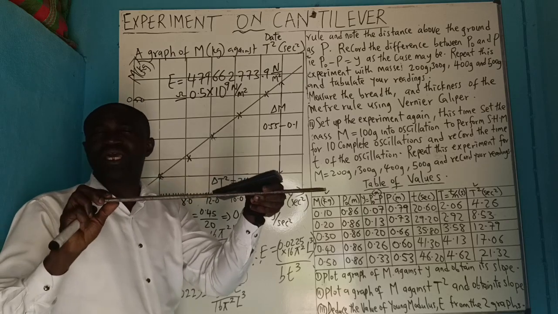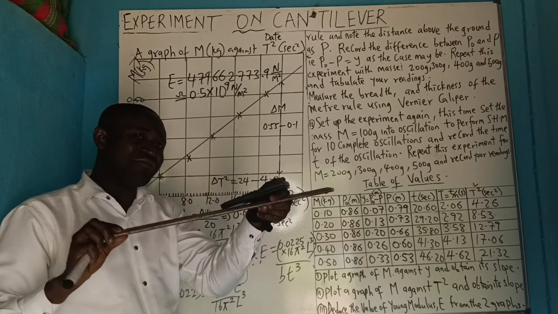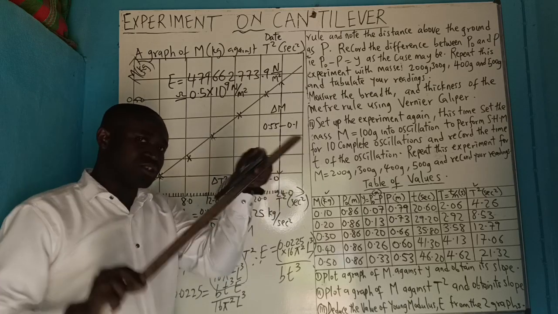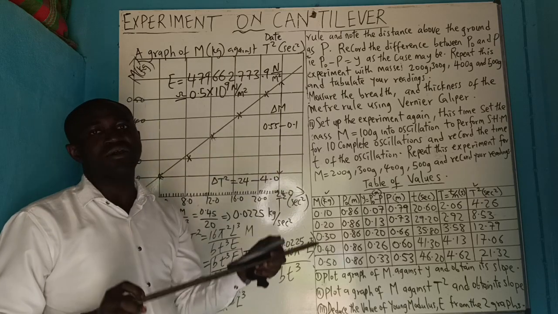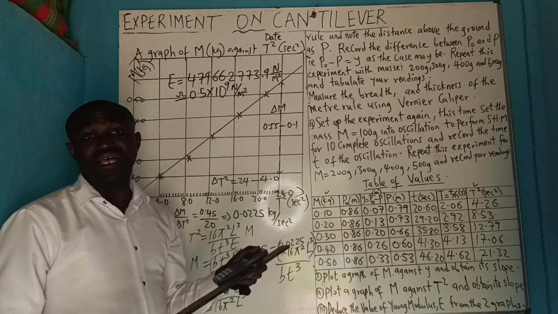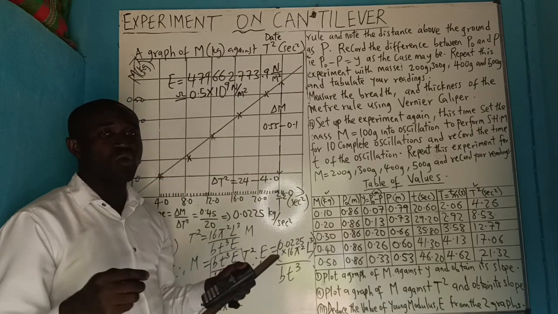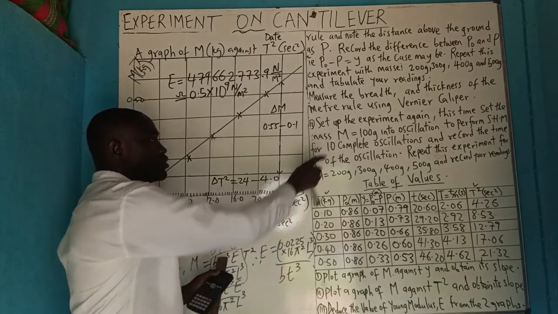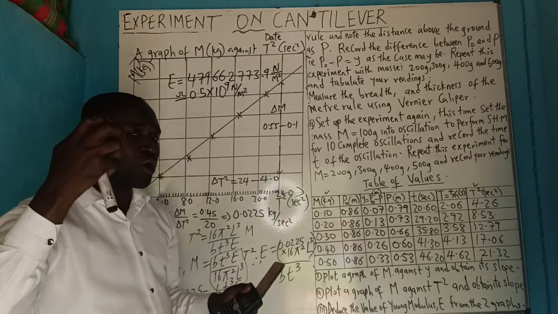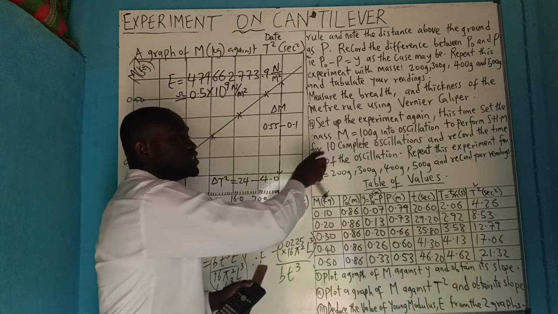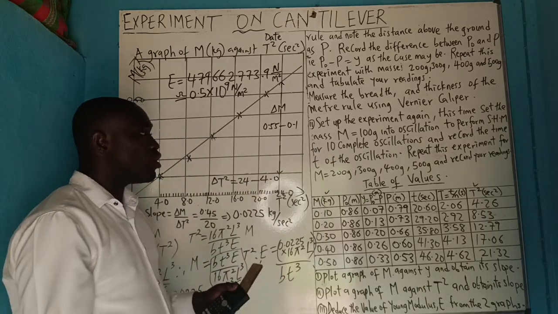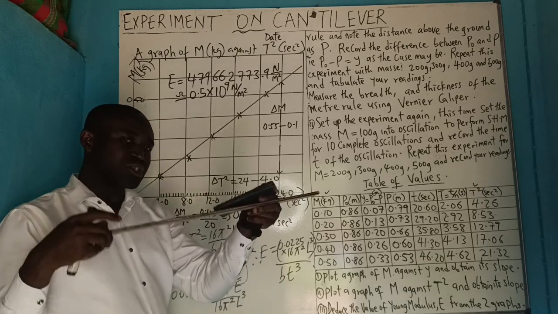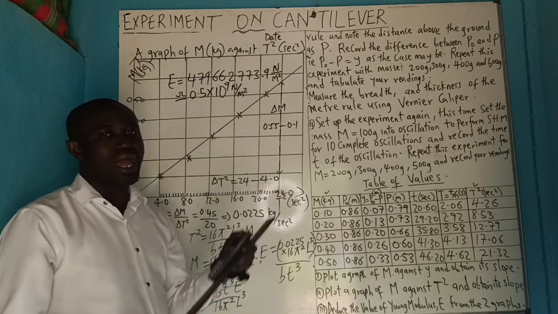But when you displace it at a higher angle, you see it moving fast, oscillating fast, and so you may find it difficult to get the actual oscillation given to you. Maybe by the time you're about to pause your stopwatch, it has even reached 15 oscillations, or it has not reached. So to be on a safer side, displace it at a very small angle.